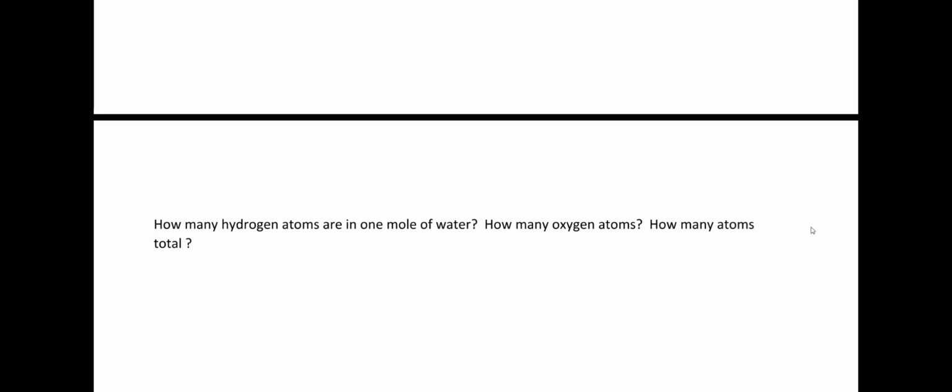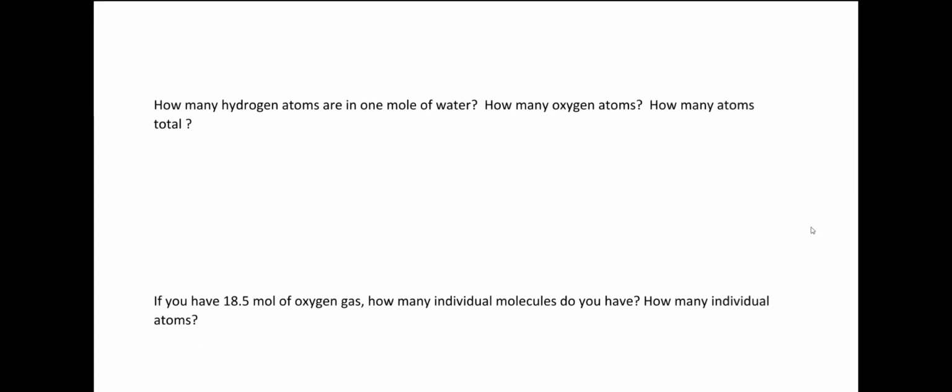Well, in 1 mole of water, let's use that as our starting point here. We know that 1 mole of anything is Avogadro's number of that thing. So that would be 6.02 times 10 to the 23rd H2O, and what units would we use here?